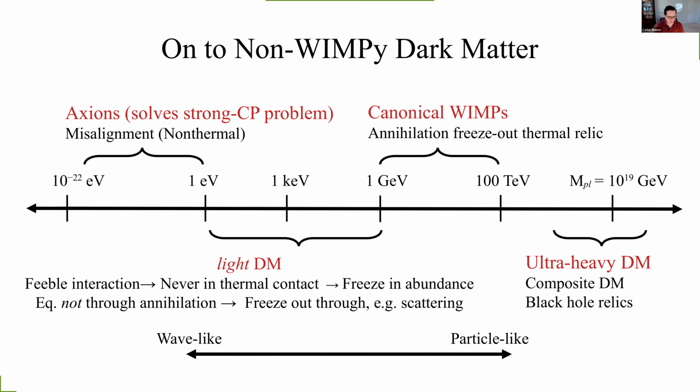For example, if it wasn't annihilation that set equilibrium, but instead it was elastic scattering, or an interaction that changed the number of particles, like 3 to 2 processes, you still have this picture where you ride the equilibrium line to some freeze-out point, and then you move away from equilibrium and you set the relic abundance, but now you have a different channel that does it.